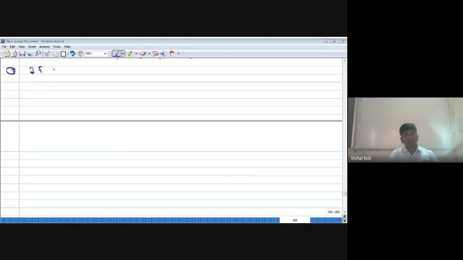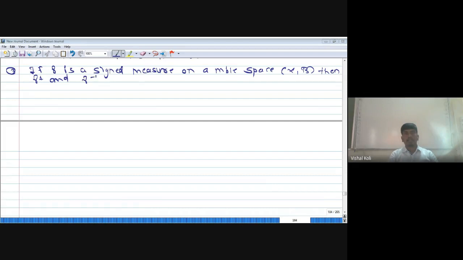Now the third one: if gamma is a signed measure on a measurable space x comma curly B, then gamma plus and gamma minus are called the positive part and negative part of the signed measure gamma respectively.